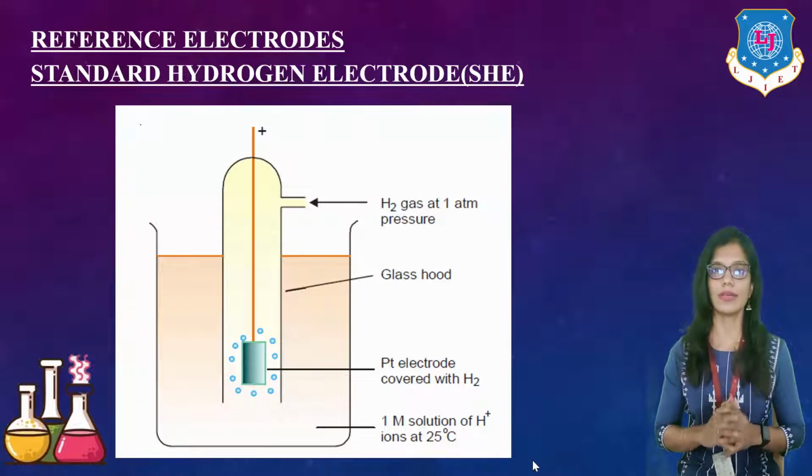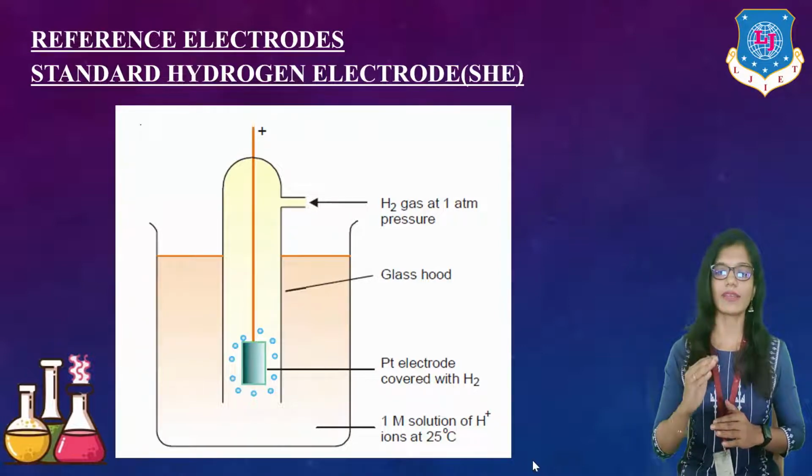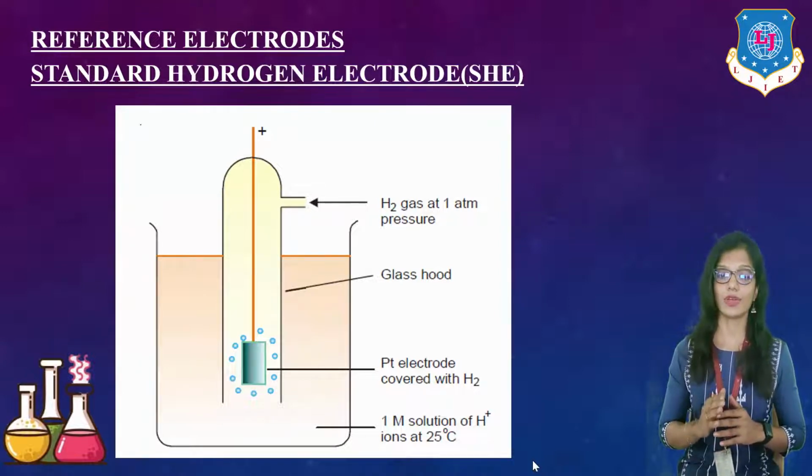As you can see in the image, we have a Pt electrode, that is a platinum electrode, covered with H2 gas, which is totally dipped in a glass hood. That whole structure carries a positive charge from the wire, which behaves as a cathode here.